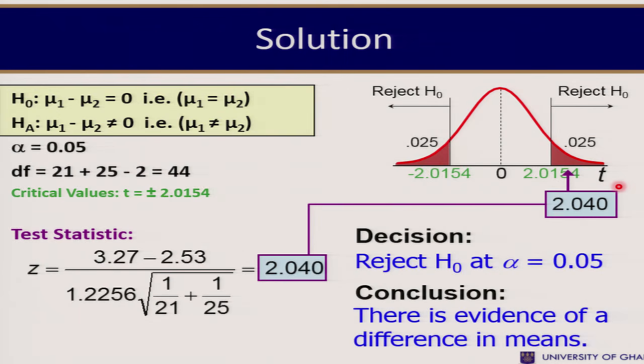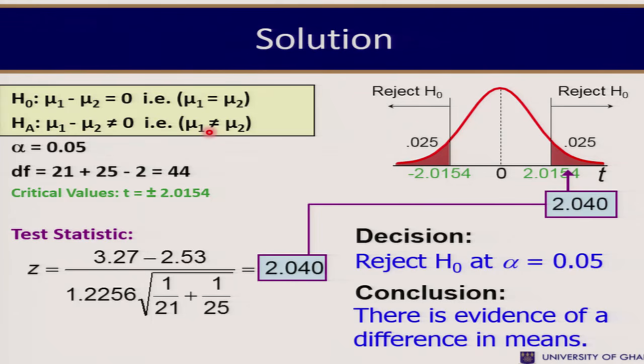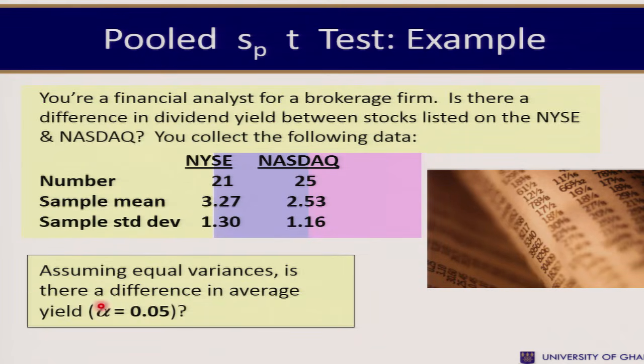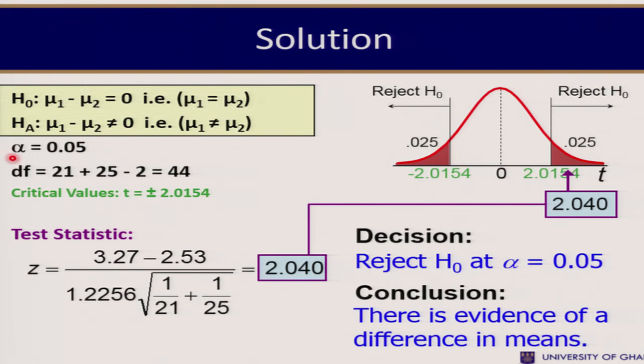Note that our null and alternate hypotheses were stated as mu1 equals mu2 for the null, and mu1 not equal to mu2 for the alternate, because we wanted to find out whether there was a difference in average yield. Our degrees of freedom is 21 plus 25 minus 2, which gives us 44, and our alpha value is 0.05.